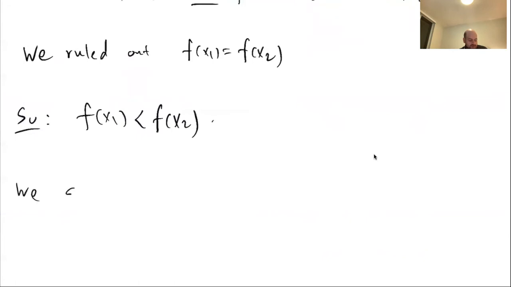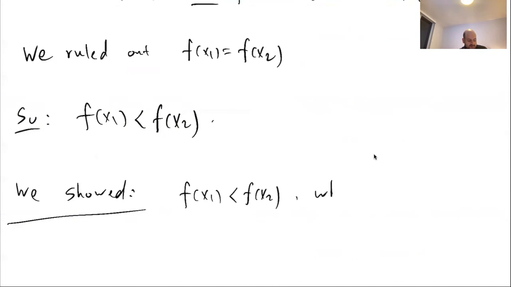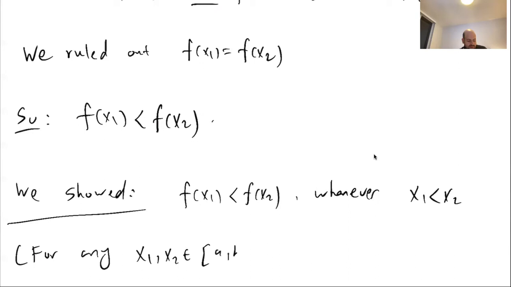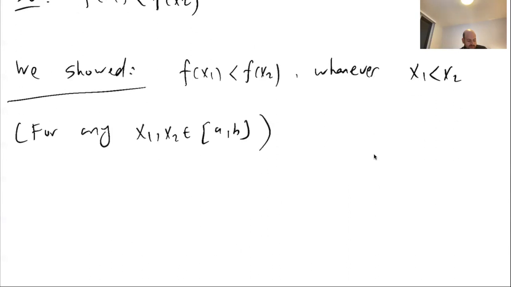So we showed f of x1 is less than f of x2 whenever x1 is less than x2 for any x1 and x2 in between a and b. So that means f of x is increasing on a and b.